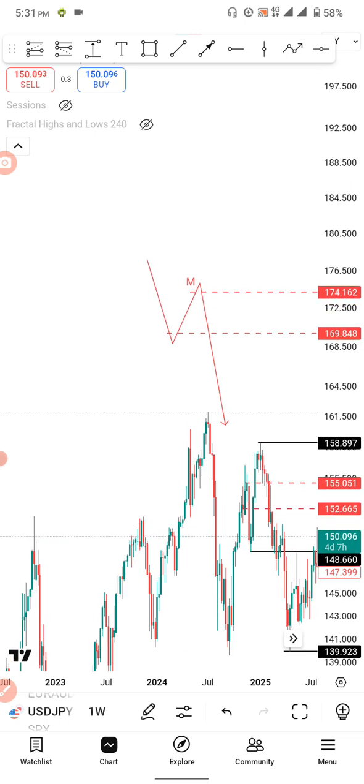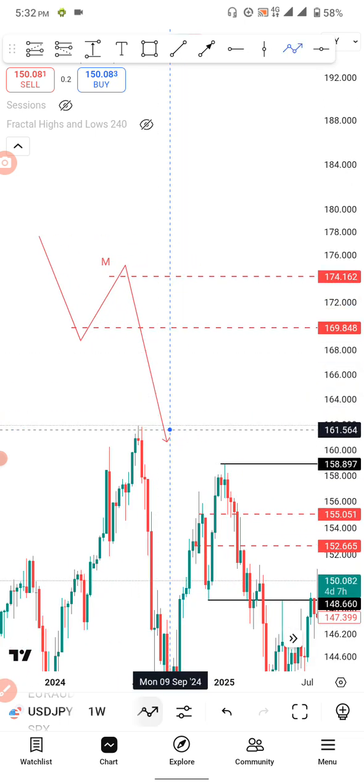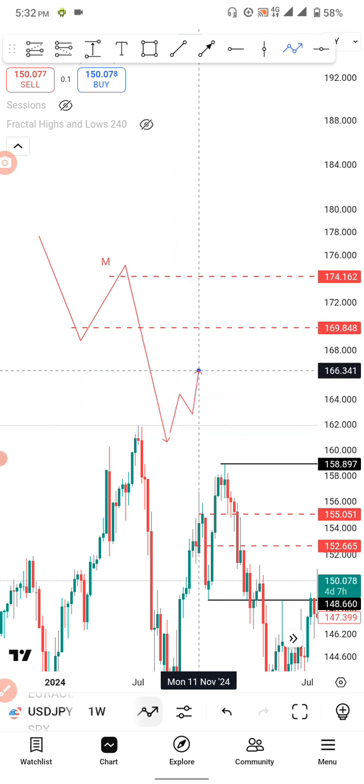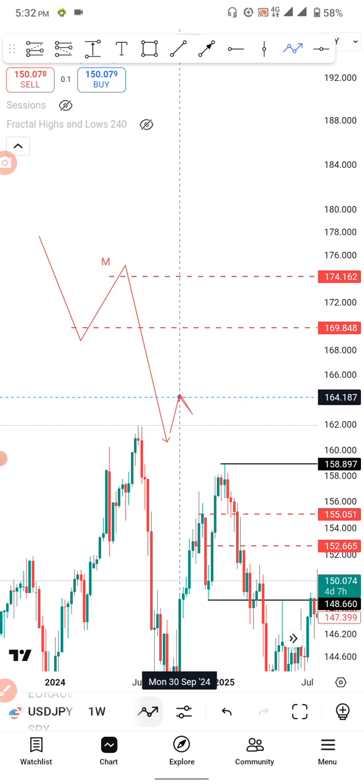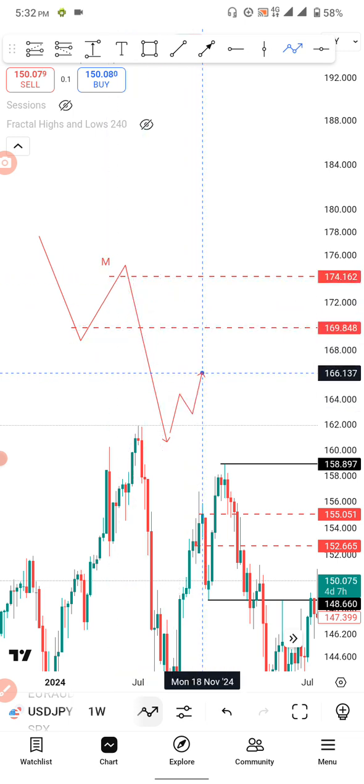So meaning that you're supposed to get weekly break of structures to the upside. You have to look for these weekly break of structures to the upside. If you have not yet seen any weekly break of structure to the upside, selling is not yet in favor of us, because this weekly is the one that will confirm the retracement to this side and the continuation below.